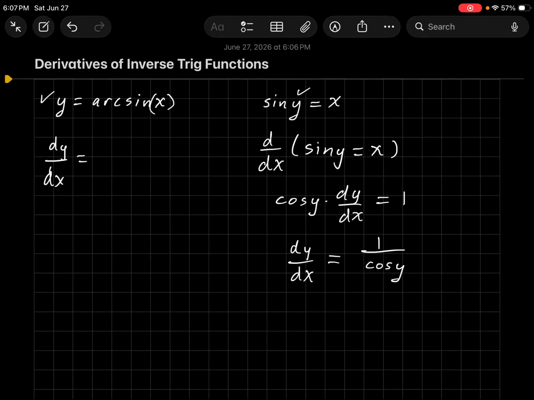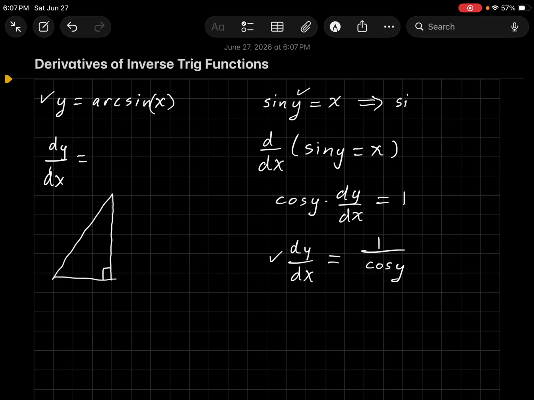But we really want to find this derivative, not in terms of y, but in terms of x. So how can we do this? I'm going to draw a triangle to help us understand. In fact, I'm going to draw a right triangle. And if I look at this expression up here, I'm going to rewrite it again, but slightly different.